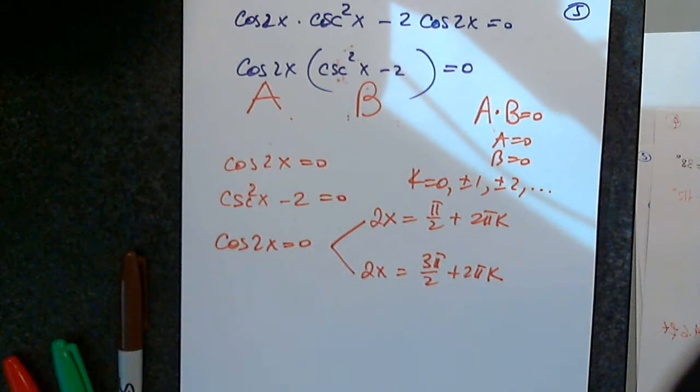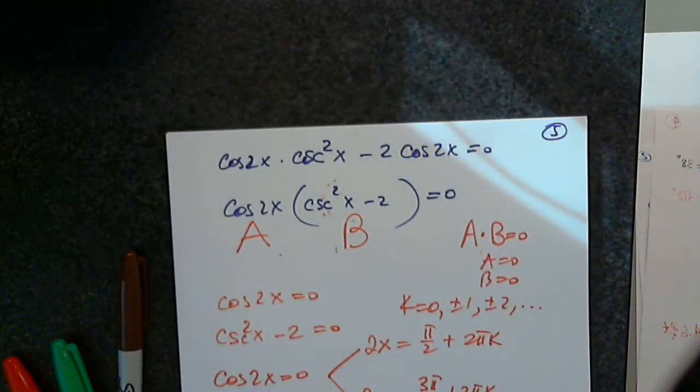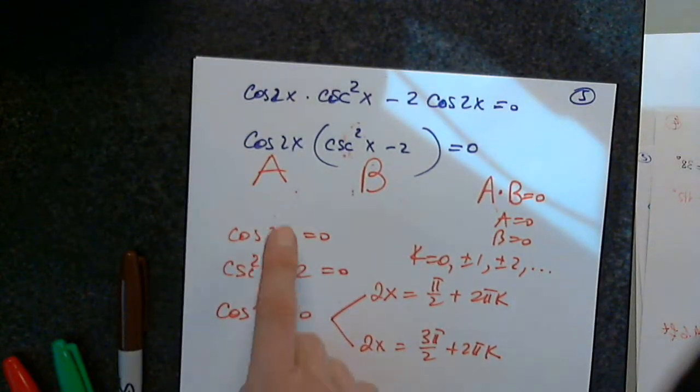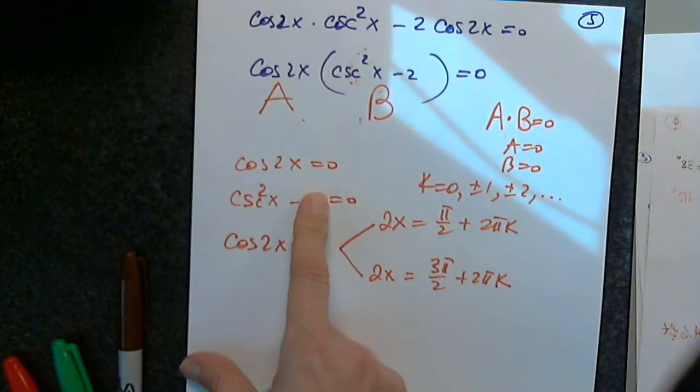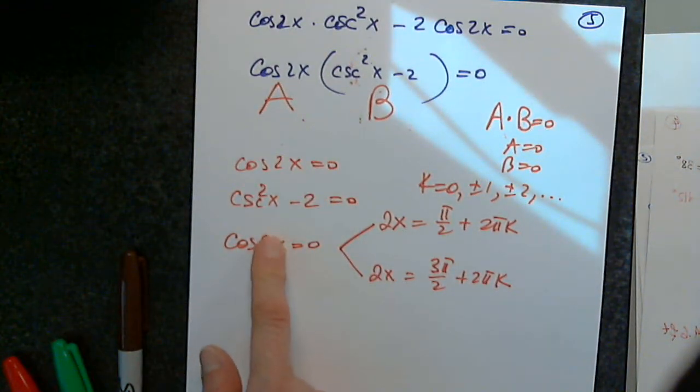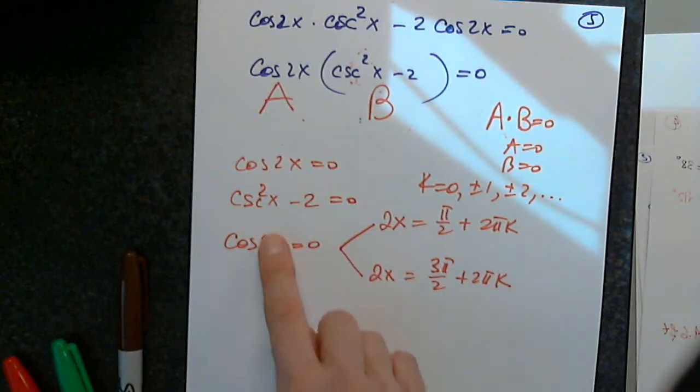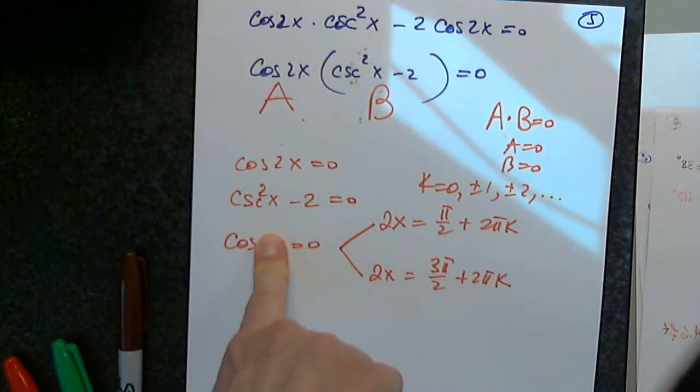And I have to solve for x now. I only solved for 2x. So let's review the steps one more time. First, I factor. I have to have 0 on one side and factor. Secondly, I see two factors. The first factor is 0. Then I ask, what can 2x be when cosine is 0?